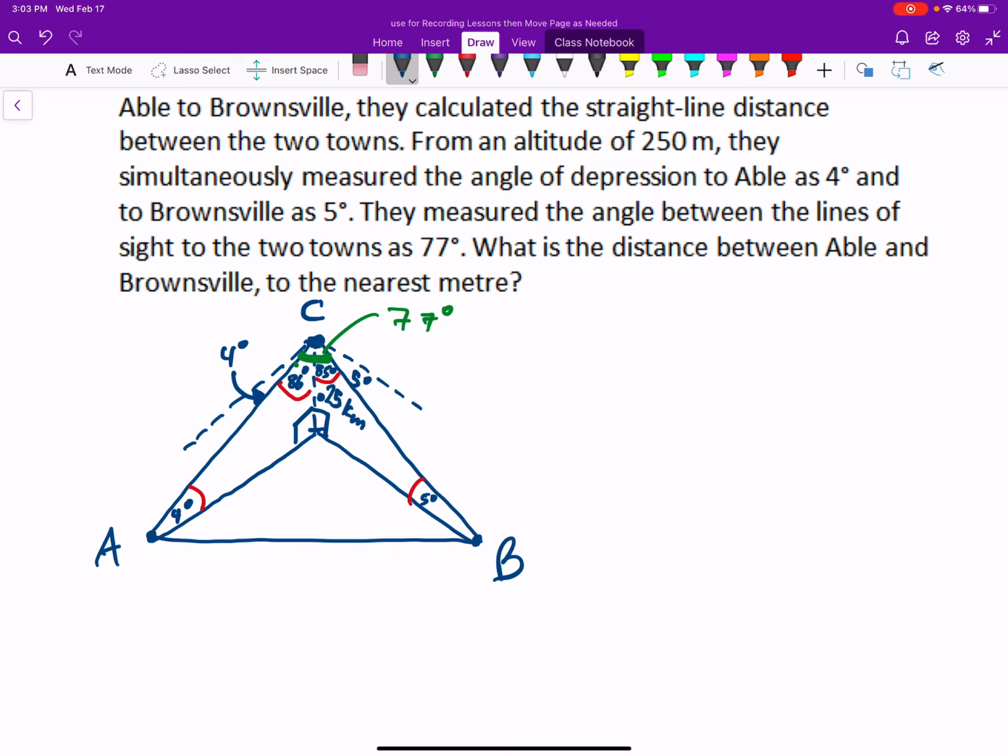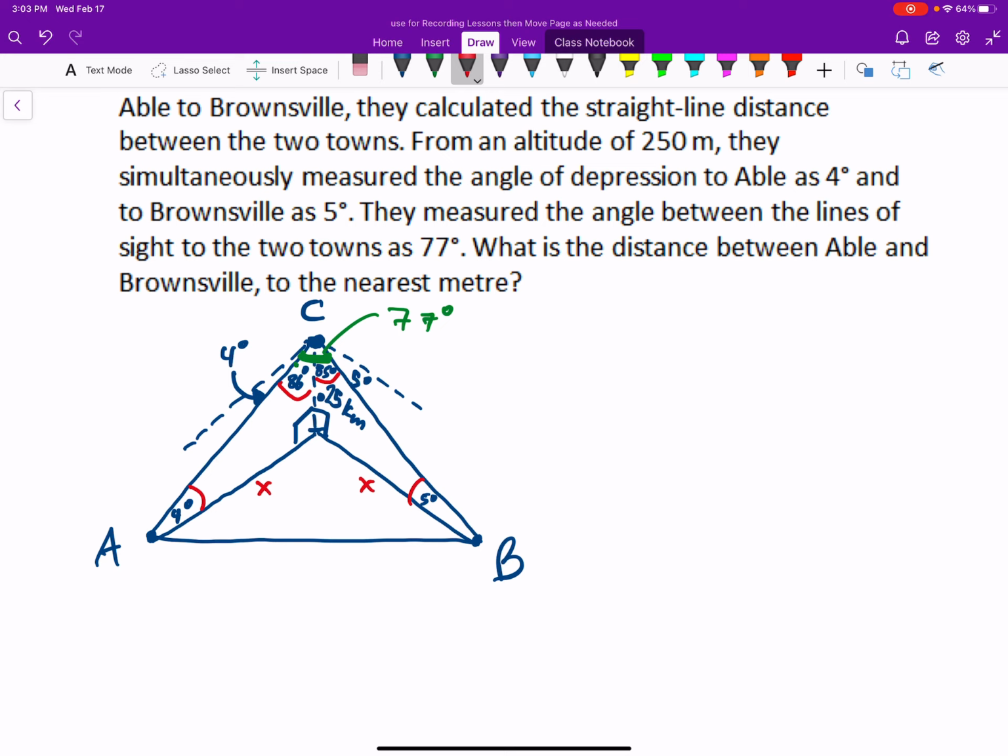All right, so if I want to find the distance between these two towns, I need to know a couple other side lengths. What side lengths do I want to know? Well, I could find this side length, and I could find this side length. That's not that hard to calculate.